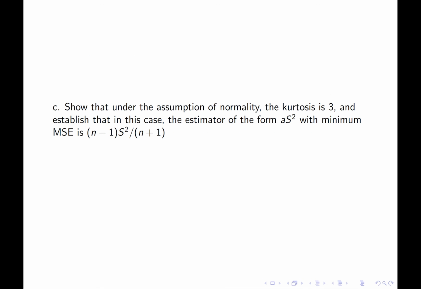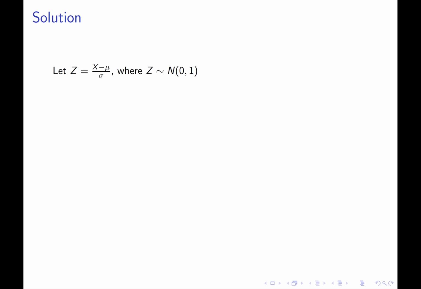Next part. So show that under the assumption of normality, the kurtosis is 3, and establish that in this case, the estimate of the form a s squared with minimum mean square error is (n minus 1) s squared divided by (n plus 1). So let's start with the kurtosis first.